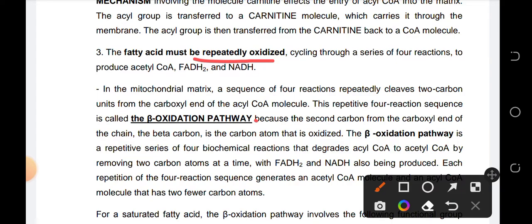So, ang tawag natin dyan ay beta oxidation pathway. These are a series of 4 reactions. So, sa bawat reaction, may 4 steps. Okay? So, sa bawat pag-oxidize niya, may 4 steps siya repeatedly to produce acetyl-CoA, FADH2 and NADH.